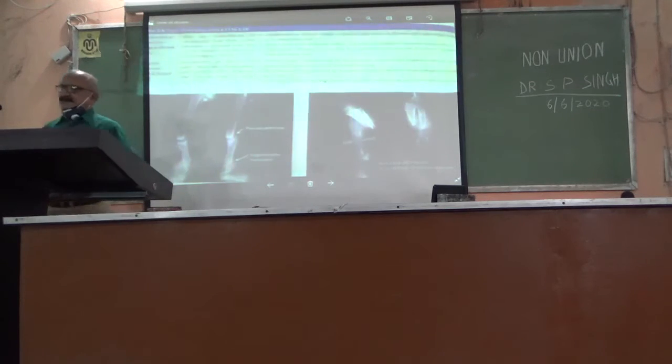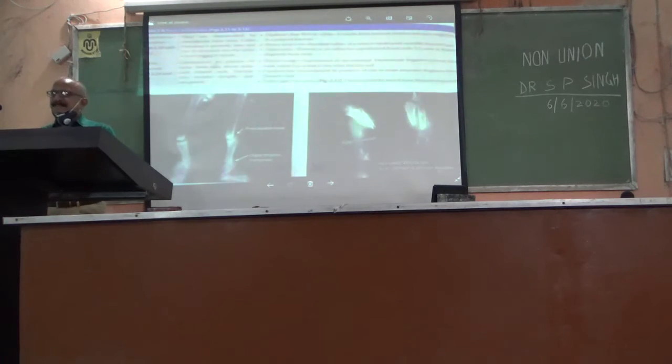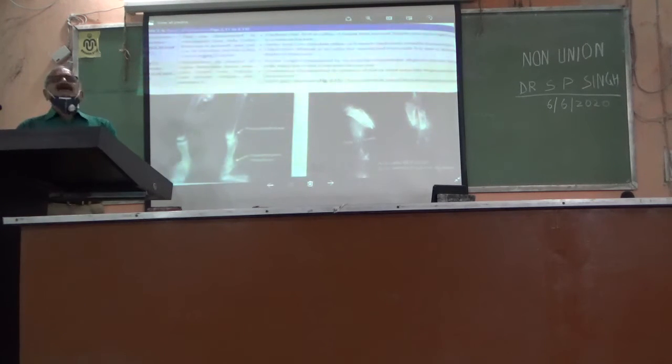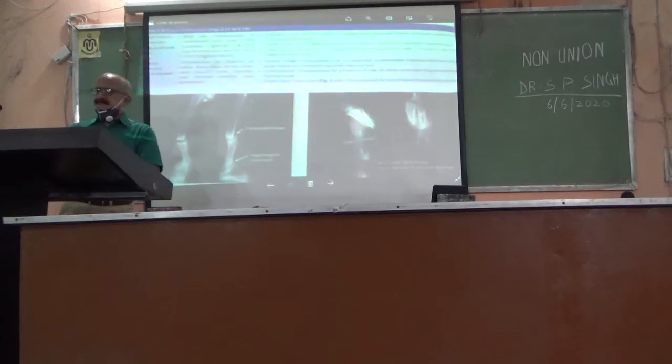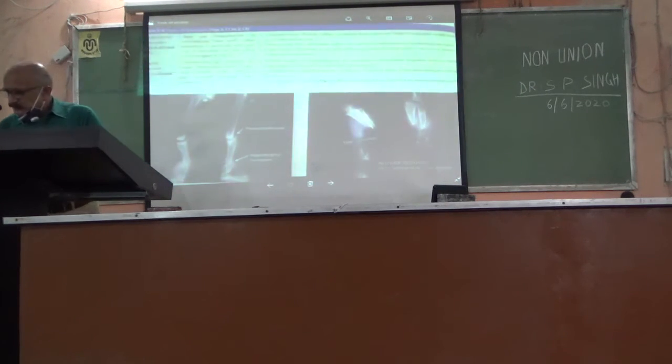Since there was a piece of bone, a good chunk of bone, maybe 2 inches, 3 inches, it was thrown out of body and it was not taken care of, the patient fracture has gone into gap non-union. When you find absence of bone in the vicinity. So these are types of non-union.